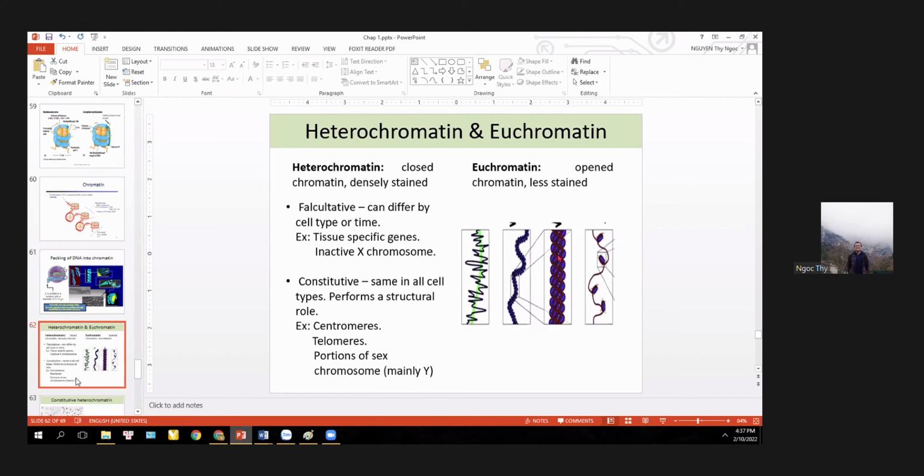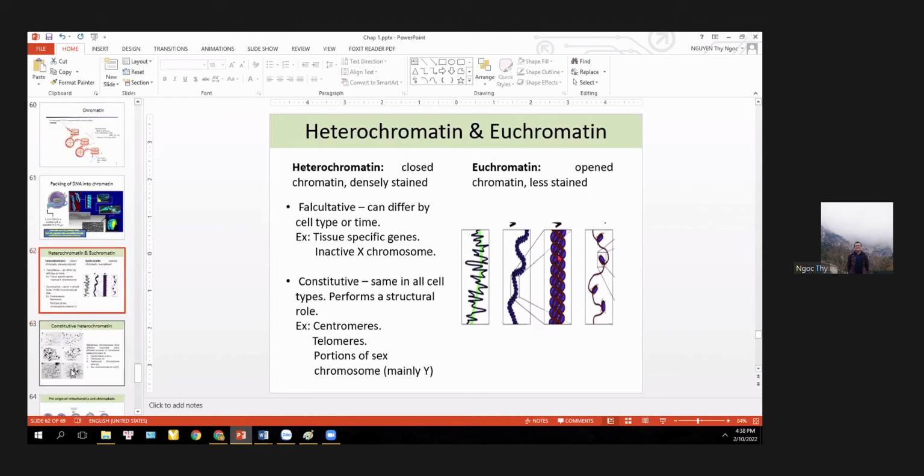Instead, heterochromatin is transferred to another state called euchromatin. In the relaxed state, it has more space, so huge complexes like the DNA polymerase, RNA polymerase, and other transcription factors can come and have the space to bind to the promoter.